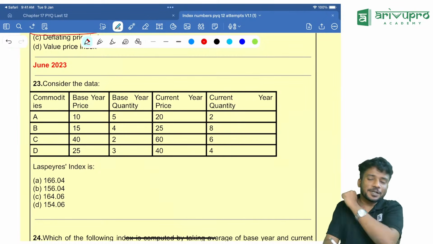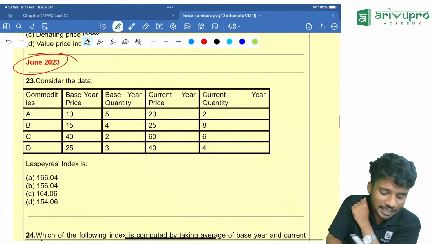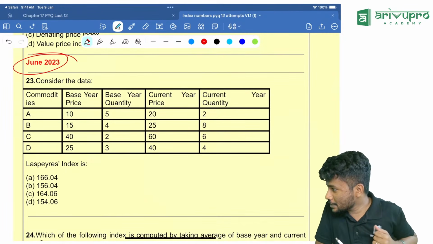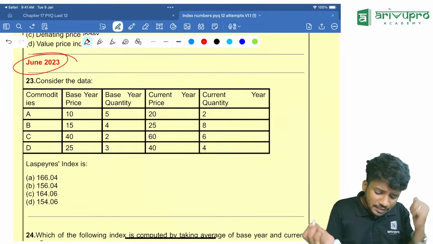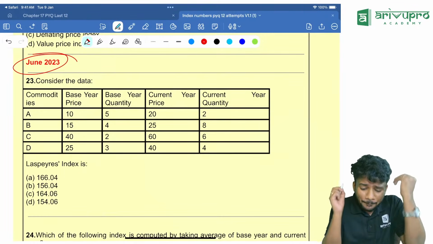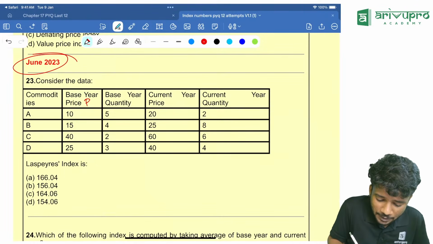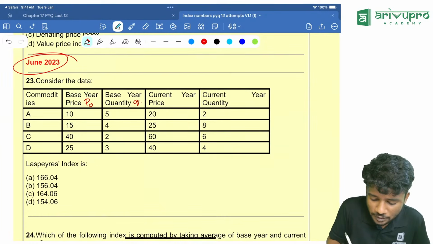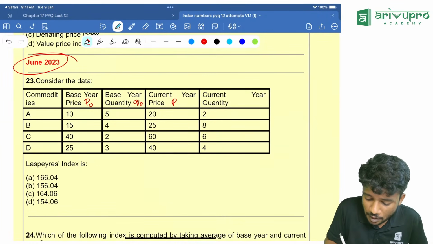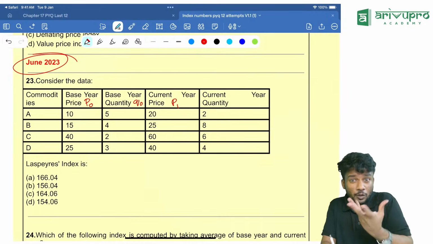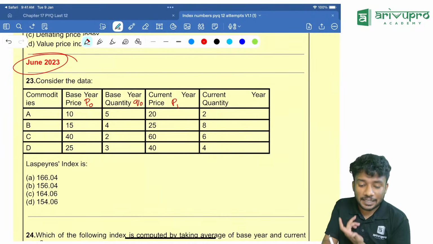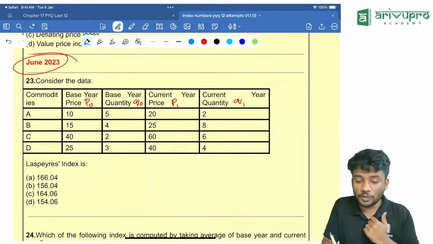Okay. Next one, the June 2023 attempt we are going to start. Now, consider the data. Commodities are given, the base year price is given. Base year price means P0, base year quantity means Q0, current year price means P1 or Pn, whichever way you call it. Current year quantity is Q1.